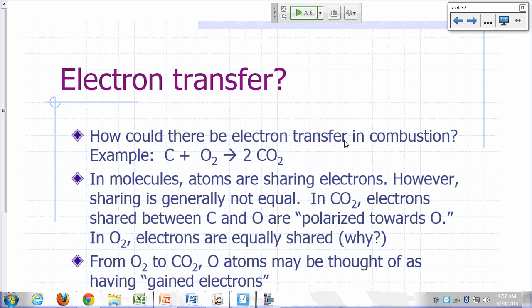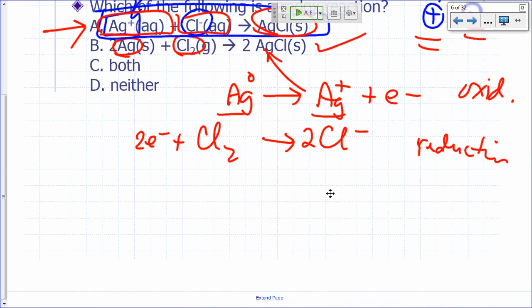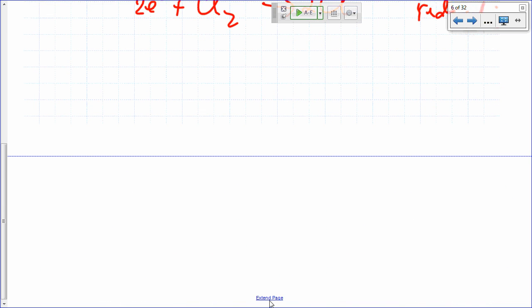All right. I'm gonna give you another one. Let me try another question similar to that one. Make sure you got it. Okay, which one of these is a redox reaction? Let's see.